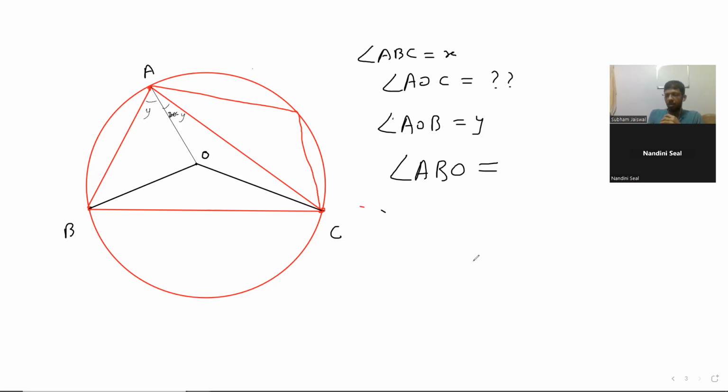What does it mean about AO and OB? AO is the radius, OB is also the radius. Right? So we know that AO equals OB. Try to use this to say something about the angles.